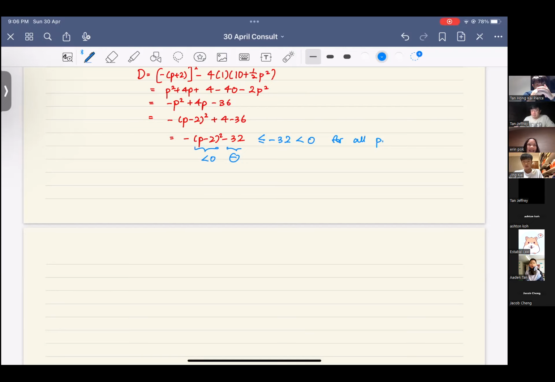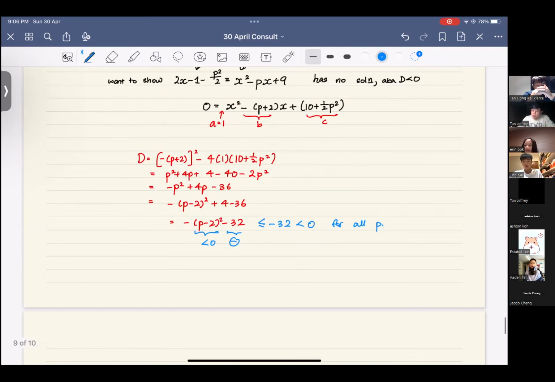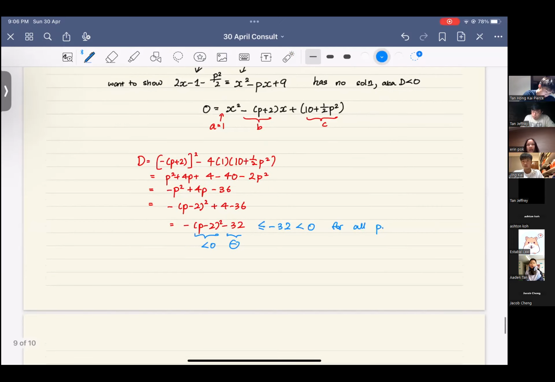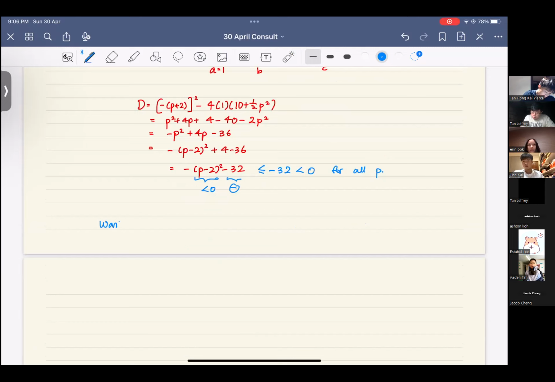Okay, I'll show you another way. Remember what was our goal? Can you remind me, what do we want to show? That the discriminant is less than 0. So basically, you want to show the discriminant is always less than 0.